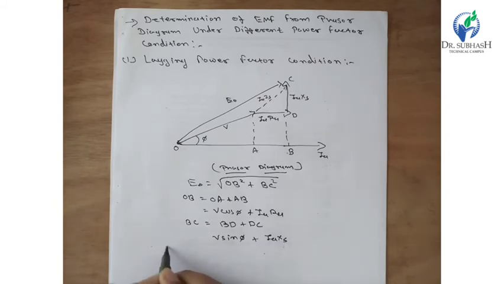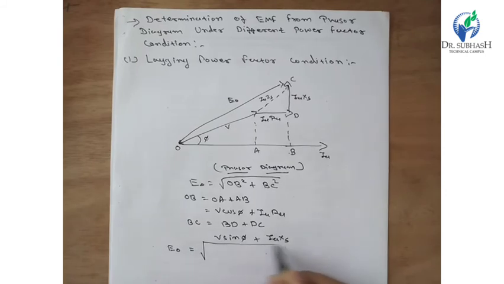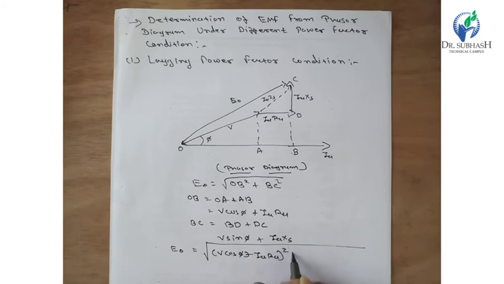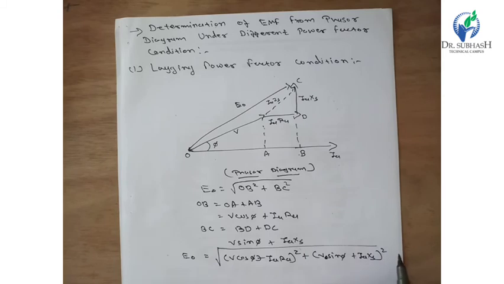So the value of EMF E0 is the square root of (V cos phi plus IA RA) square plus (V sin phi plus IA XS) square.